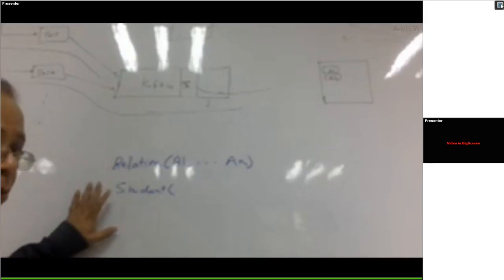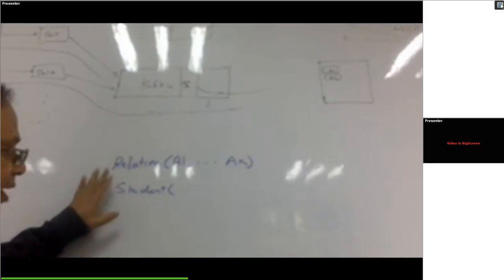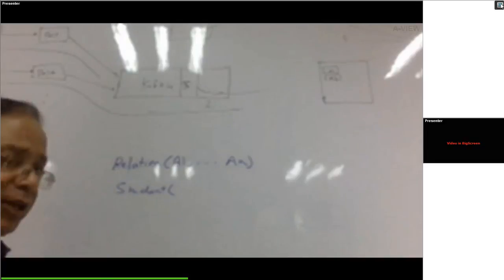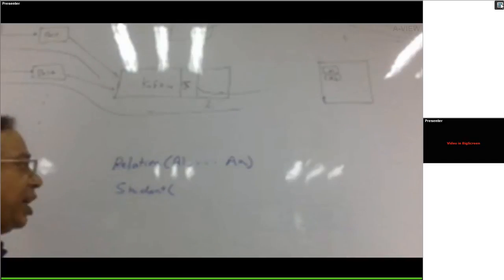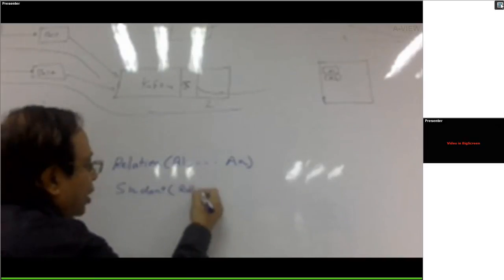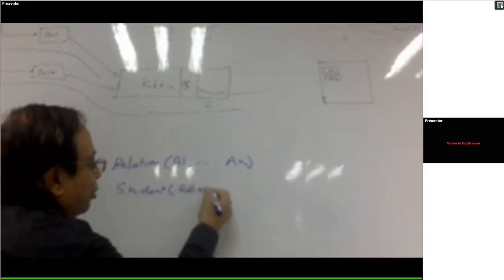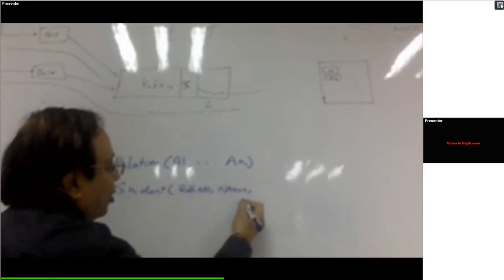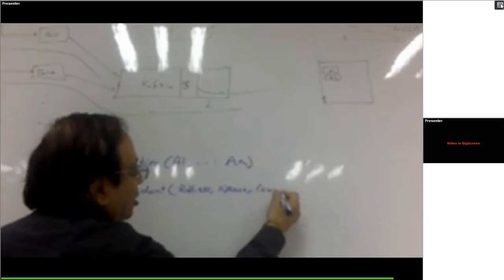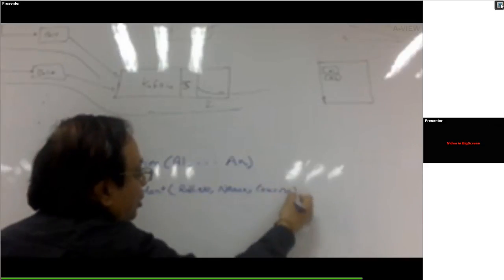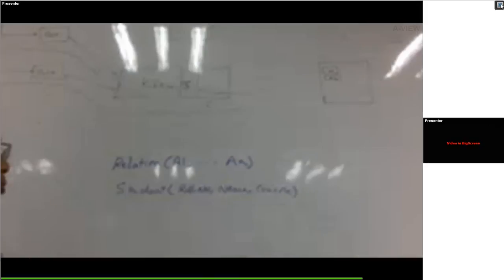Now, student, a relation, formally is a name, in this case student, and a set of attributes that the student relation can take. Currently, the roll number of the student is one attribute, and the course that the student is doing can be the other attribute. Okay, right?